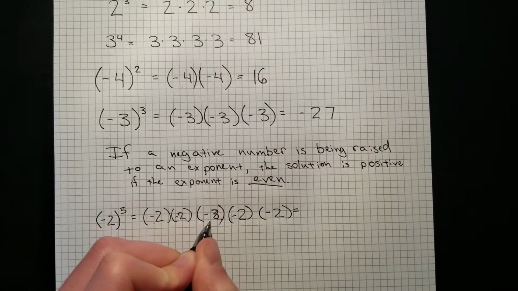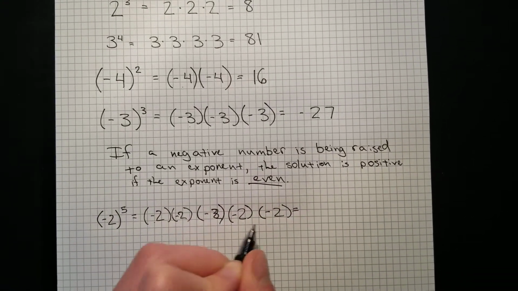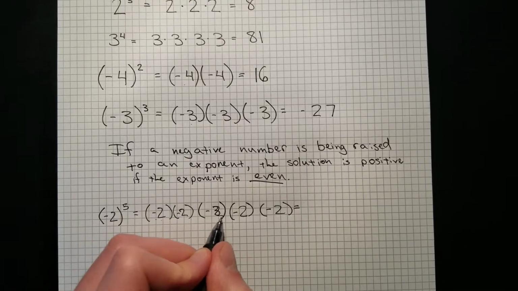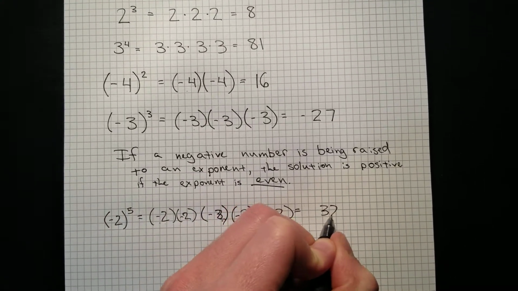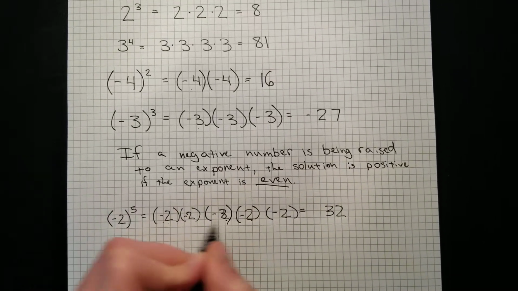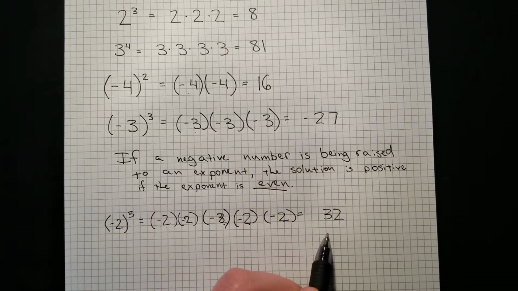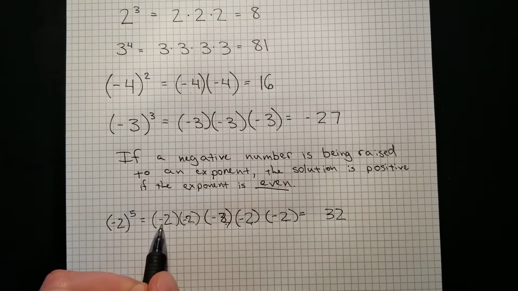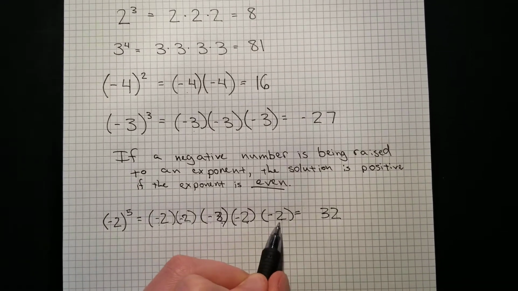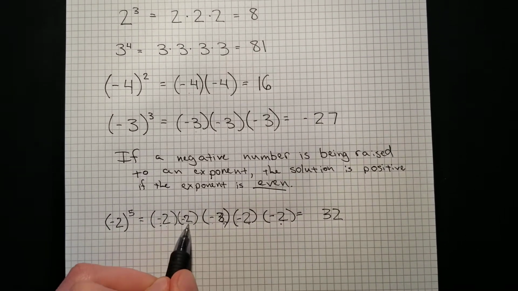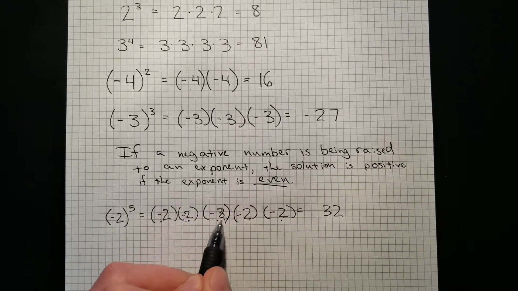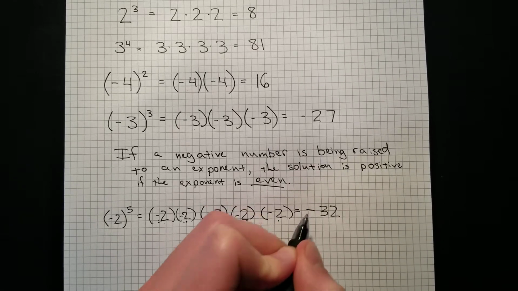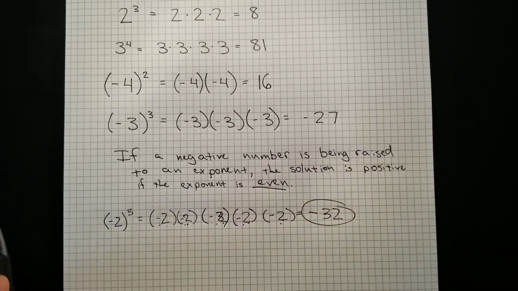So if I have 1, 2, 3, 4, 5, all negatives, 2 times 2 is 4, times 2 is 8, times 2 is 16, times 2 is 32. Now I don't necessarily need to pay attention to the negatives all the way through, but if I look at this, I have 1, 2, 3, 4, 5 negatives. I know that 2 negatives multiplied by each other cancel out. So these cancel, those cancel, and I'm left with 1 negative at the end, which means my answer is going to be negative.